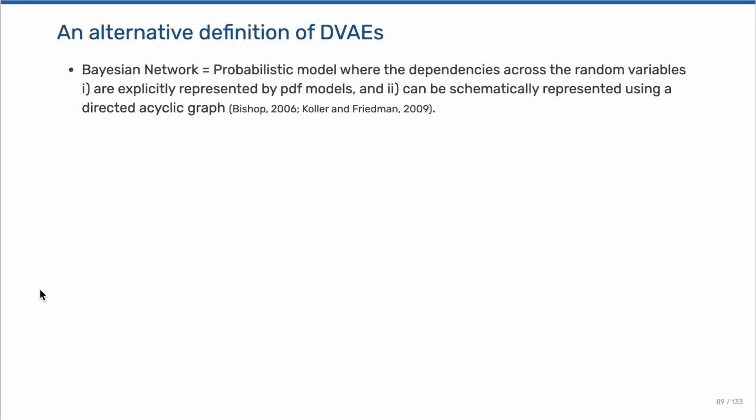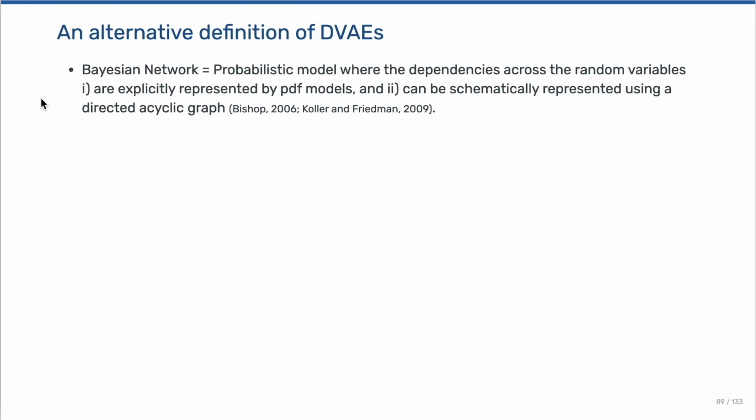To conclude on the DVAEs as a general class of models, I would like to take a different but somehow complementary point of view to derive an alternate definition of DVAEs. I would like here to take the Bayesian networks as a starting point.